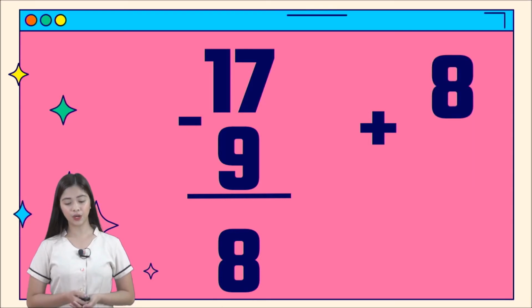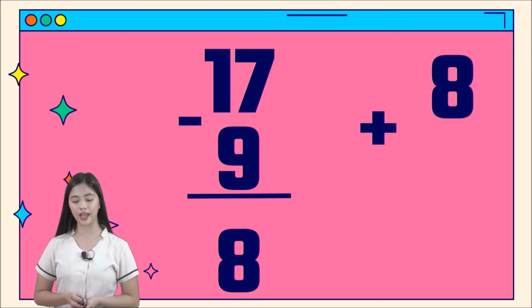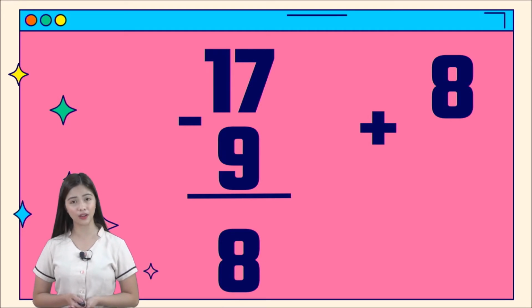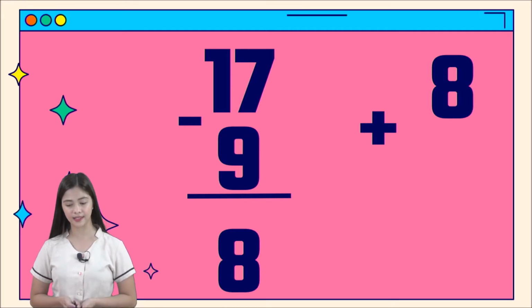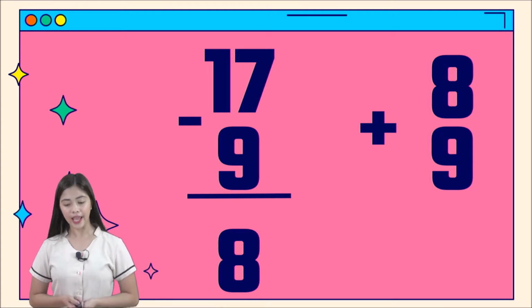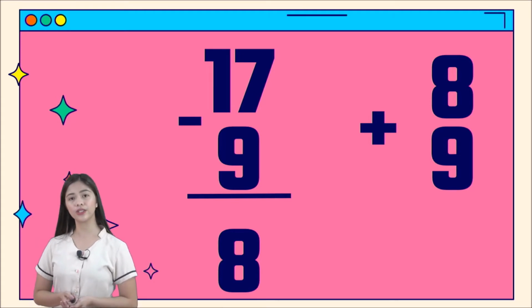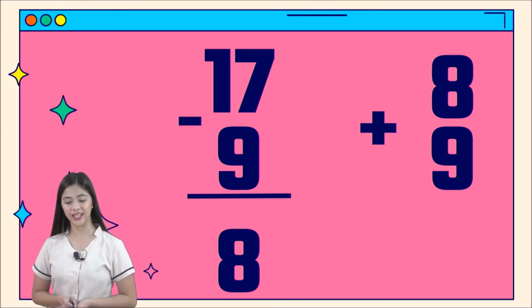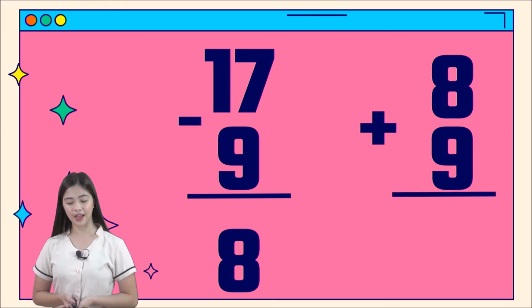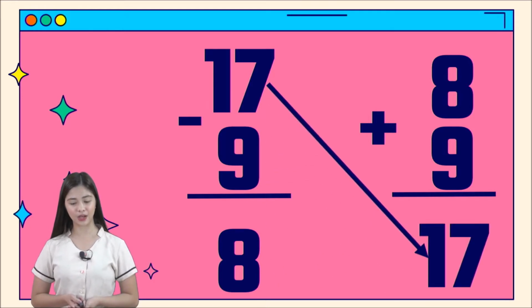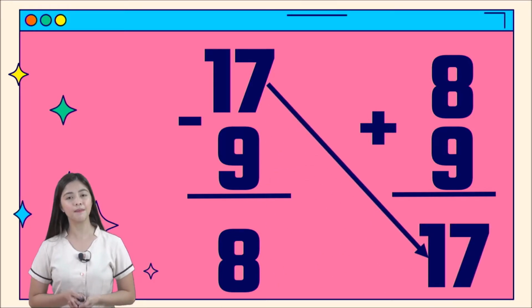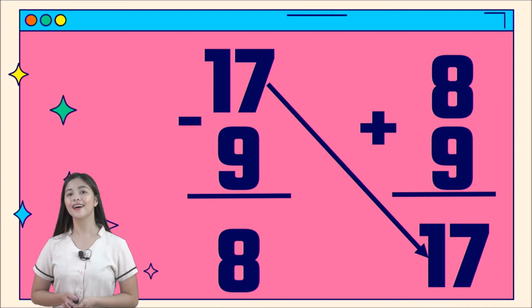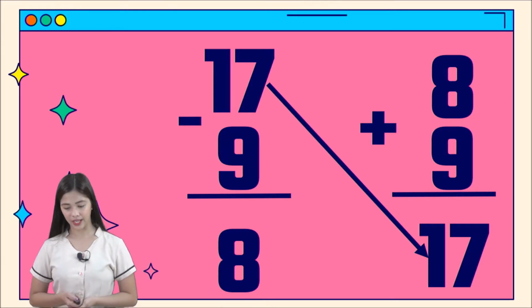And another one is the subtrahend. We are going to use it as one of our addends. So we have now 8 plus 9. So what do you think is the sum in here? Very good. The sum here is 17. Because like what I've told you a while ago, the minuend is the sum in addition. Okay, next one.